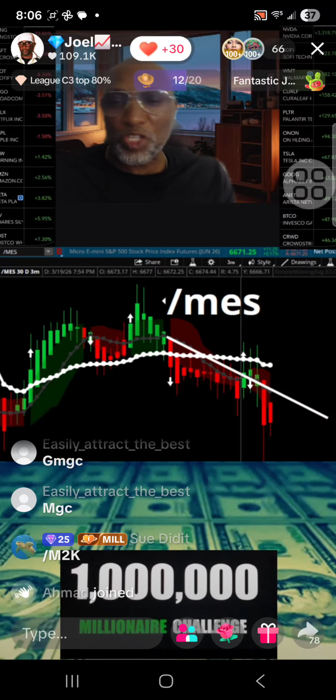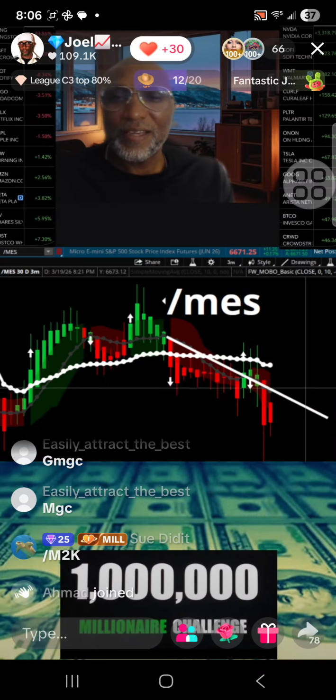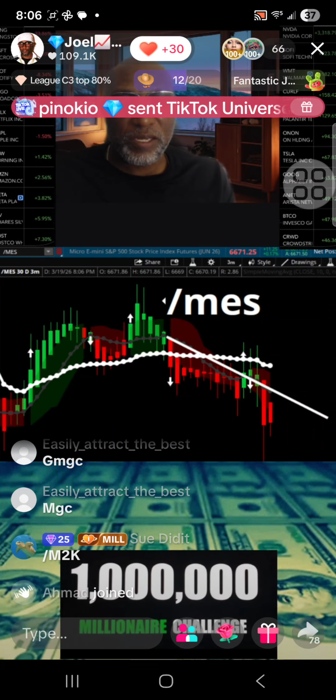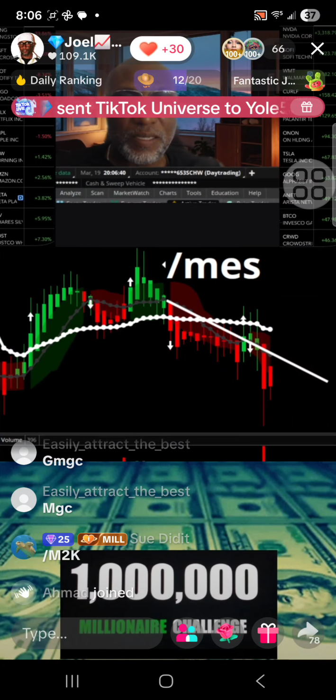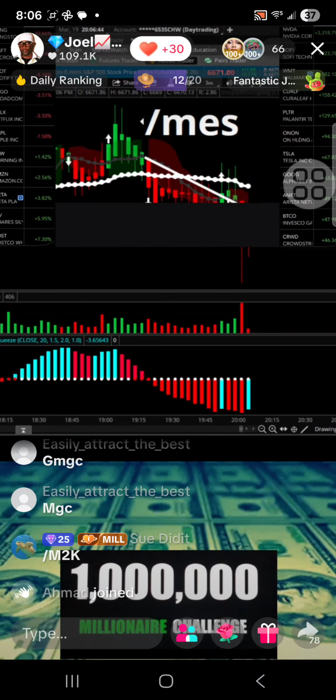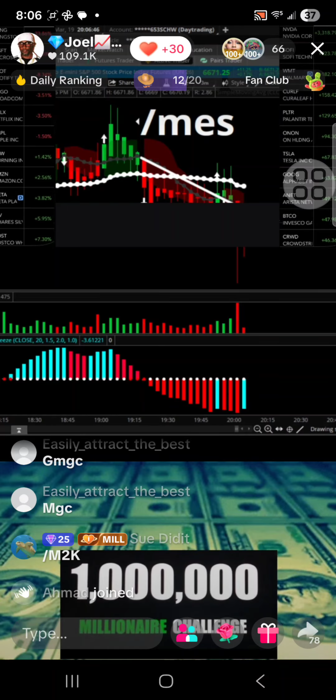Now, what you guys also don't see that I'll show you is that I probably wouldn't take this trade because I have a disconnect on this lower chart. On this lower chart, what color do you see the candles on the very lowest chart that's at the bottom?